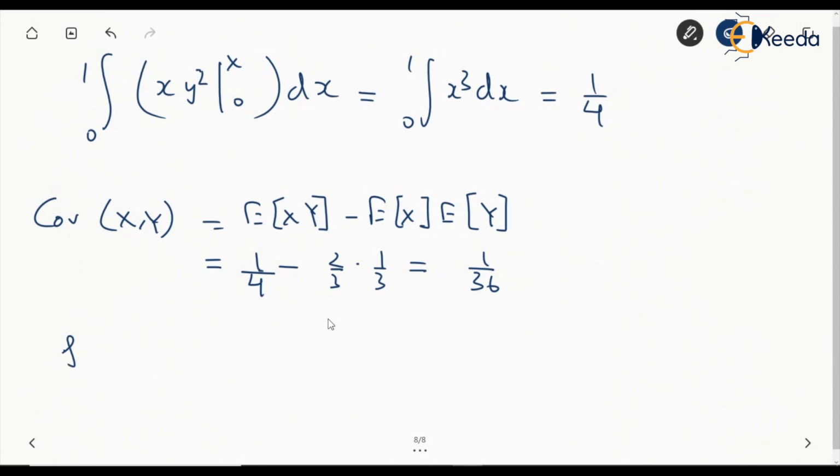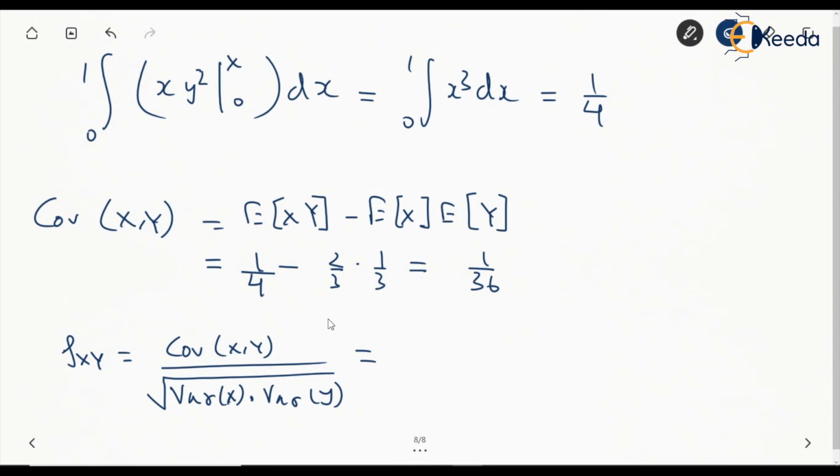And the correlation of xy will be covariance divided by the square root of variance of x into variance of y. So this is 1 by 36 divided by the square root of 1 by 18 into 1 by 18.